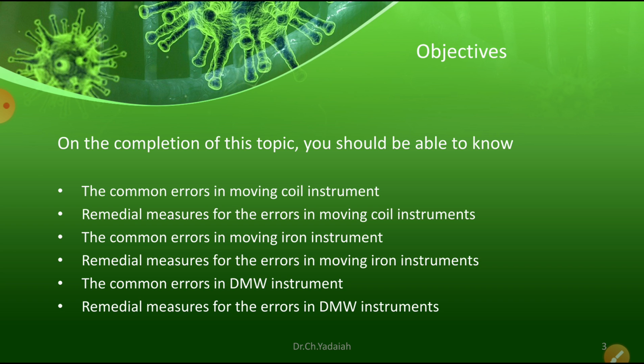Now, the main common errors in our electrical instruments are generally temperature errors, frictional errors, mechanical unbalance errors, observational errors, and aging errors, which are very common in our electrical instruments.